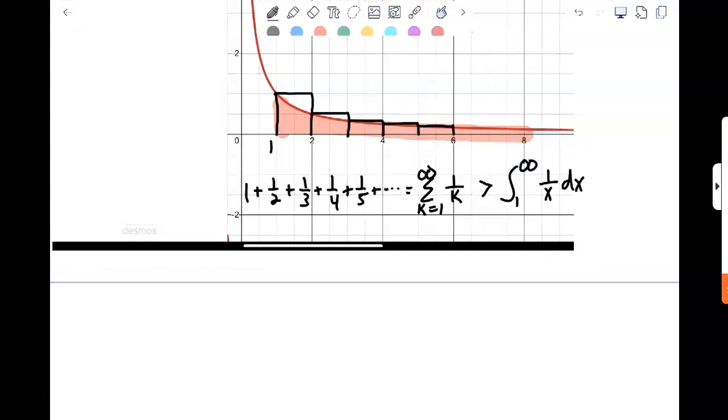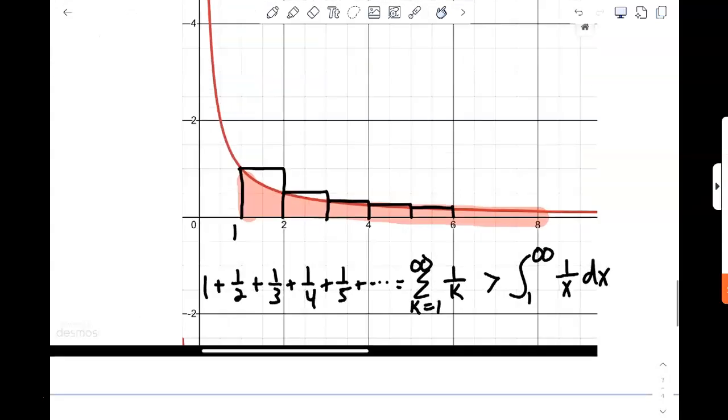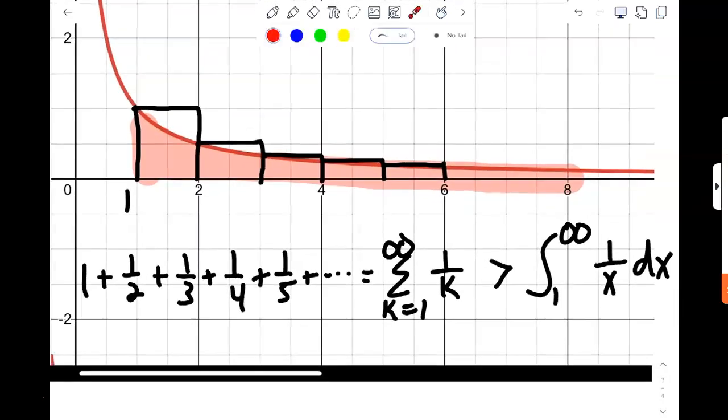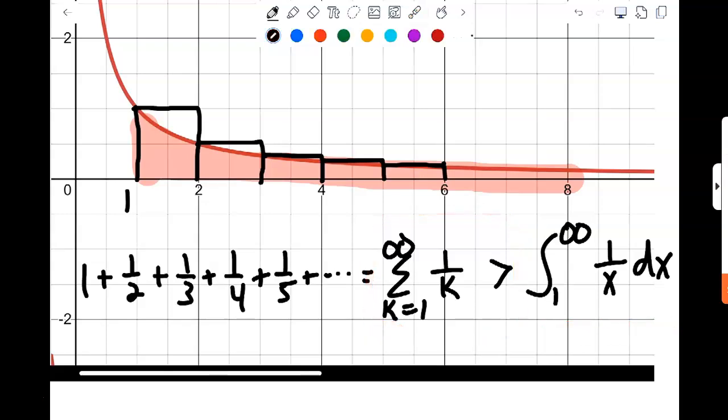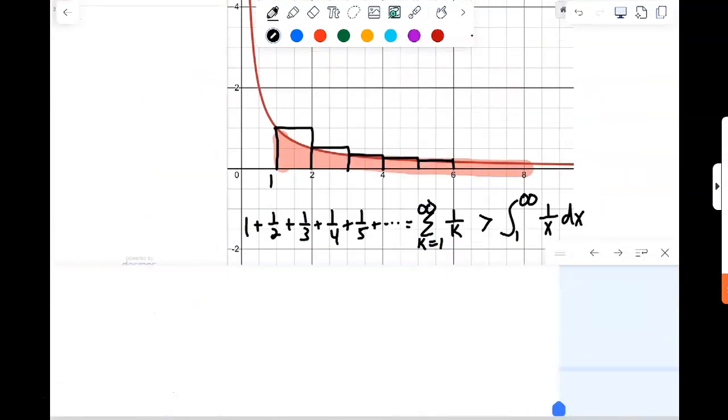We know that the area of those rectangles has to be, because every one of them has area that's above the graph. So this thing here, whatever it is, has to be greater than the area beneath the graph. But we've actually seen the integral from 1 to infinity of 1 over x before.